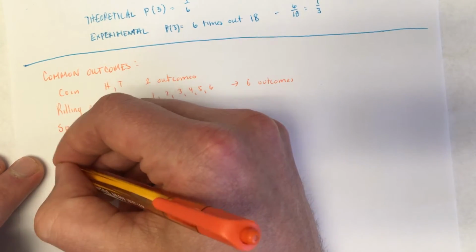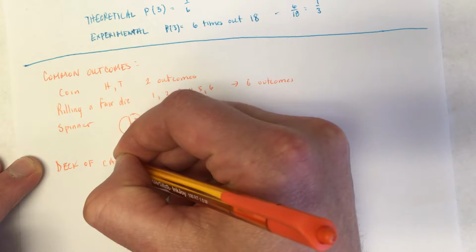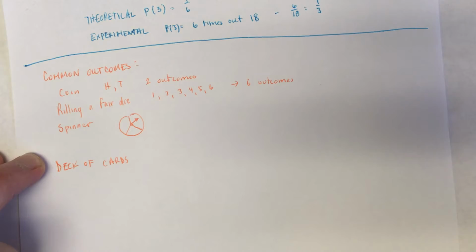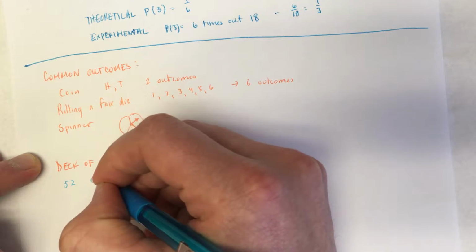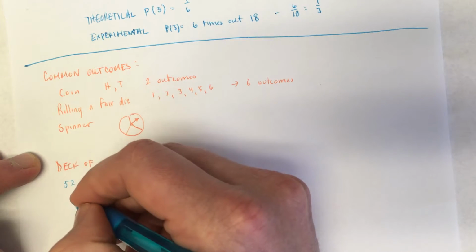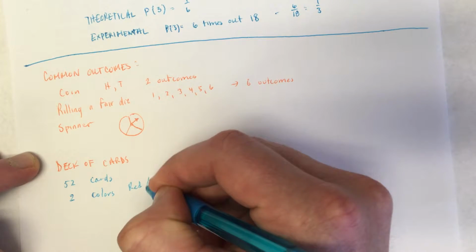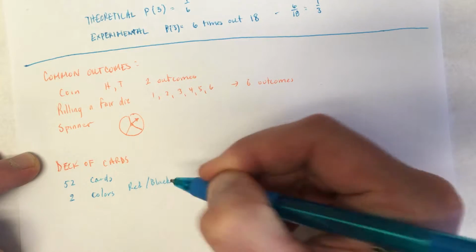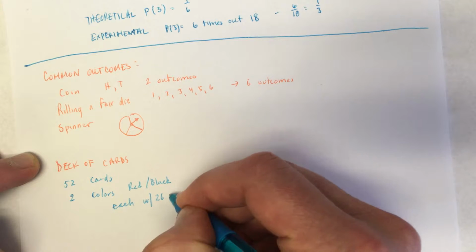A deck of cards. Huge thing with a deck of cards. There are 52 cards in a deck. There are 2 colors, red and black, each with 26 cards.